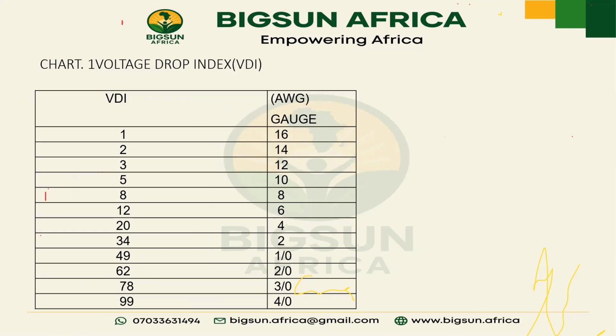So if our VDI is 12.2, when we have 12 in VDI, the next one is 20. We are seeing my cursor, right? We can either use this 12 or 20. So let's say we are using 6 AWG.